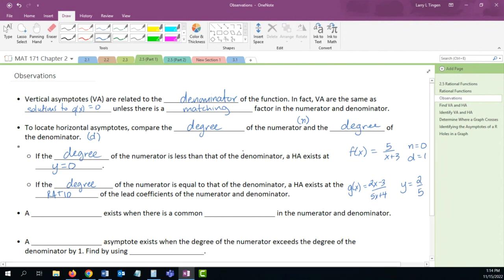And then the last thing I said, there's a hole when there is a common factor in the numerator and denominator. Let me give you an example of that.